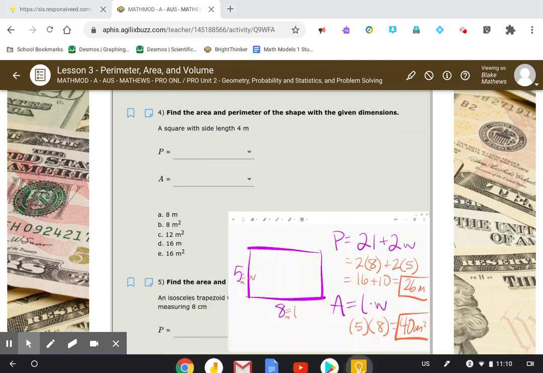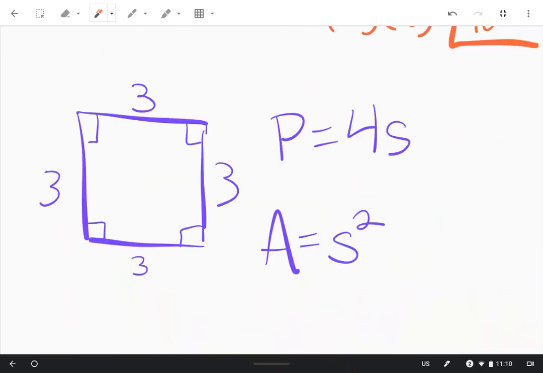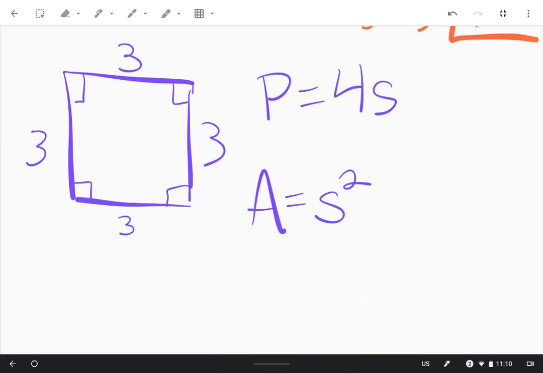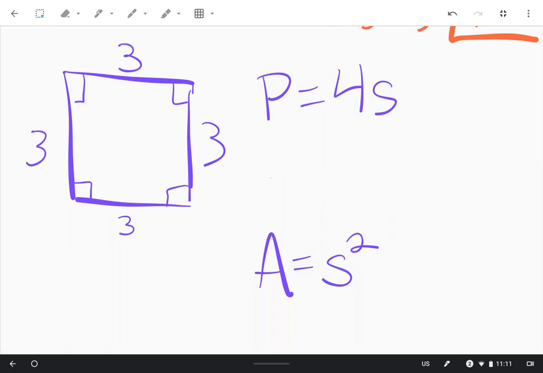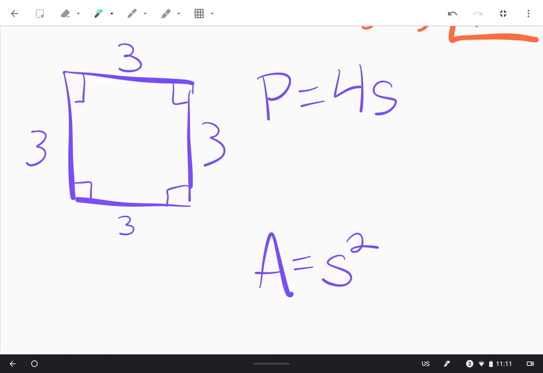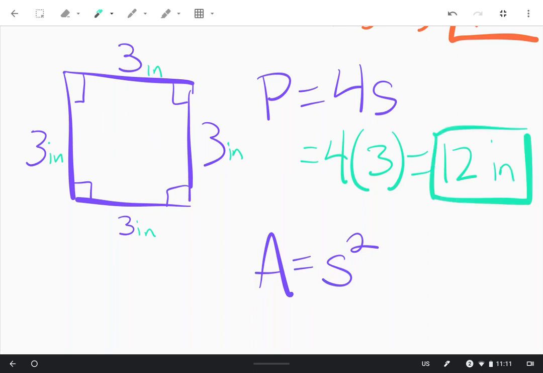Squares are maybe even easier than rectangles. With a square, you have just the side length, and that's the only unit that you use. So in this example, 3 is the measure of the side length. Let's call it 3 inches. So we do 4 times 3 equals 12 inches for the perimeter.